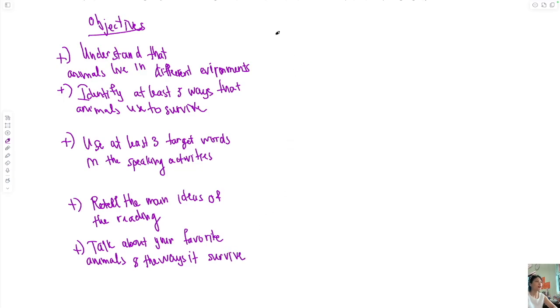All right, so here are the objectives of the lesson. I hope that I can draw a straight line here.